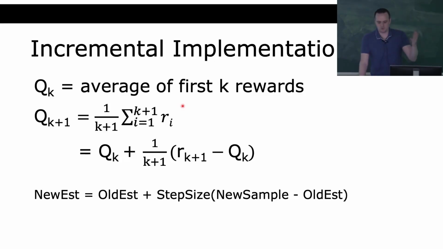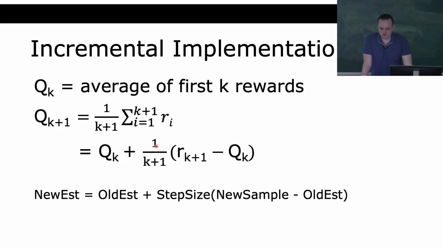So now we have what we wanted: the new estimate, Q_{k+1}, is equal to the old estimate, Q_k, plus some step size. And this step size is how much we pull our belief toward the new estimate. I'll have an illustrated example of that in a little bit.